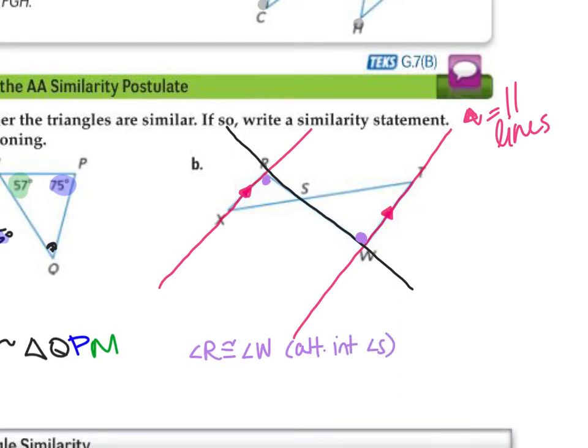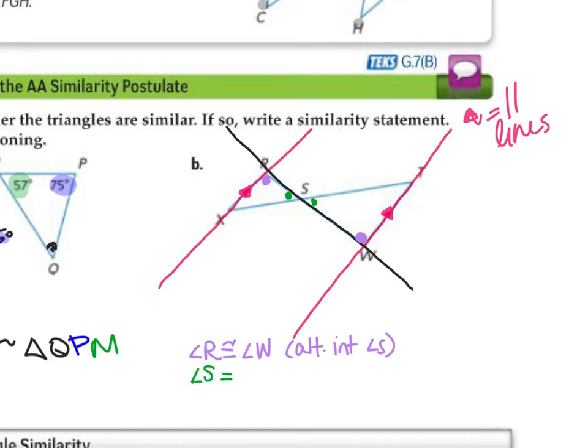Another thing that you might notice is, looking at your triangles, we have these two angles created here by the points of this specific vertex S. Anytime you have two vertices that create that X, the mirroring angles are congruent as well.